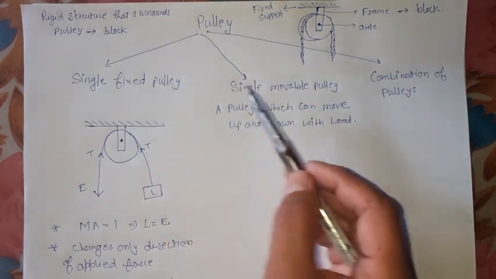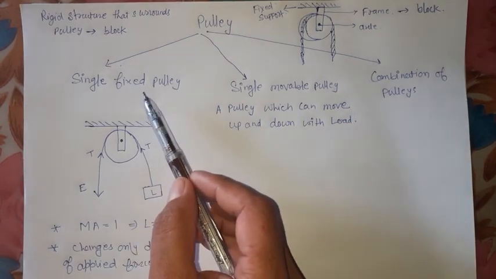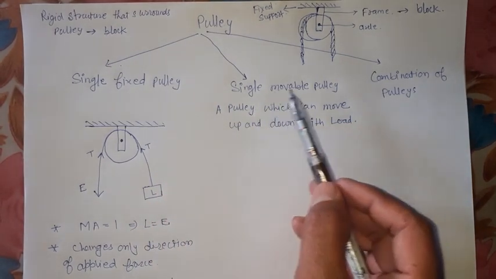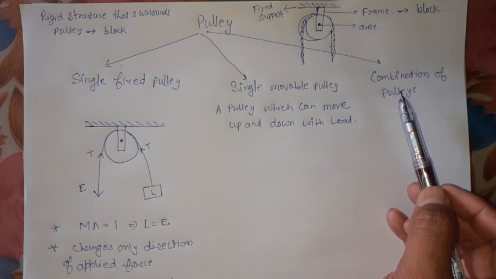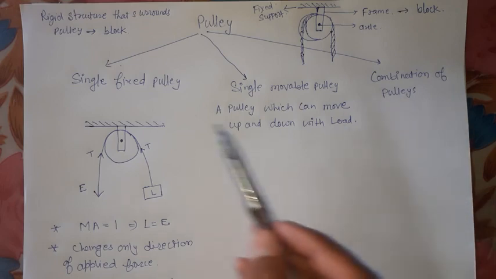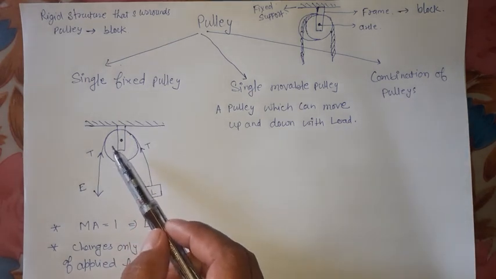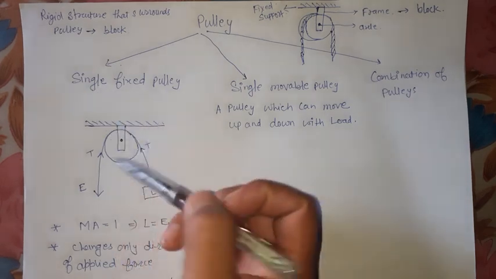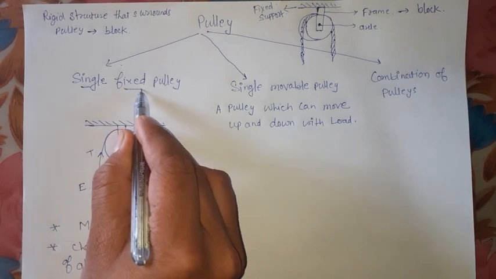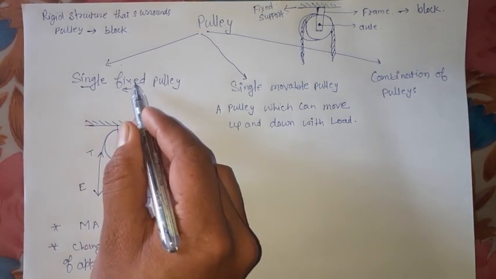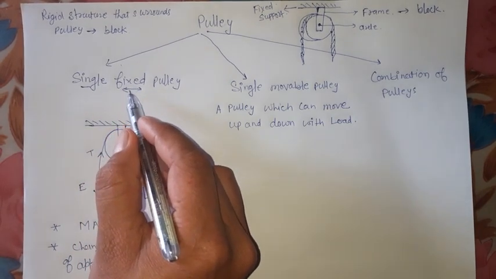It can be a single fixed pulley, a single movable pulley, or a combination that has fixed as well as movable pulleys. In our single fixed pulley, it is important to note that it is only a single pulley, and second, it is fixed. So which pulley is said to be a single fixed pulley?